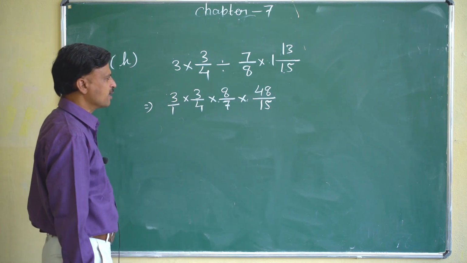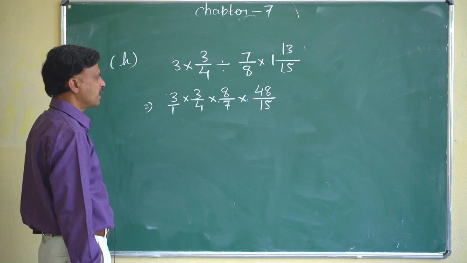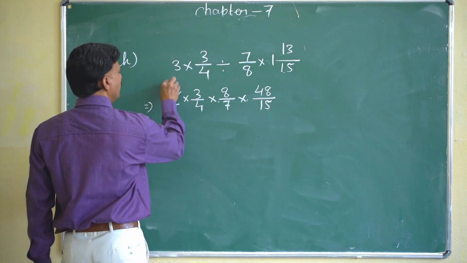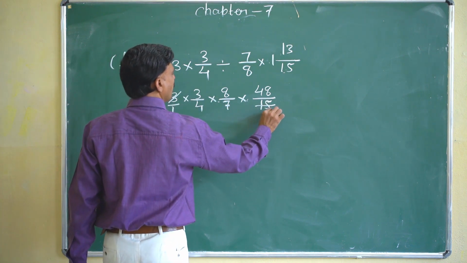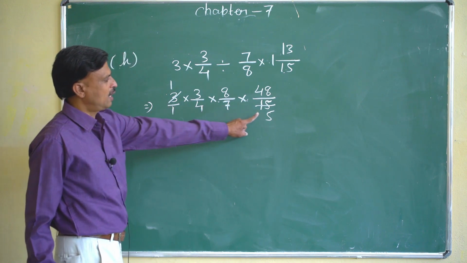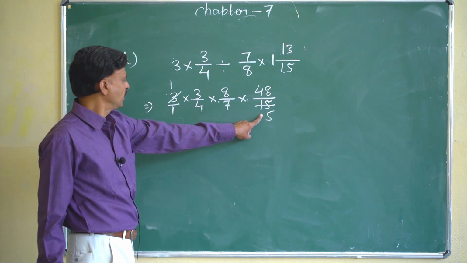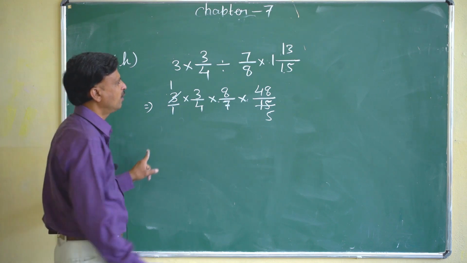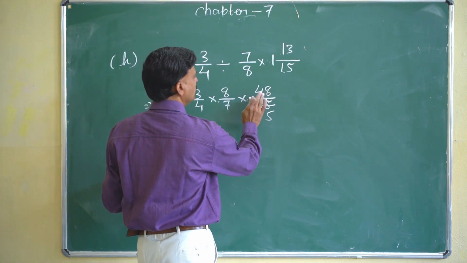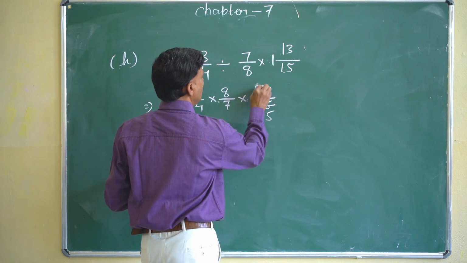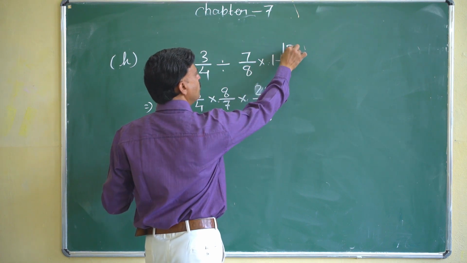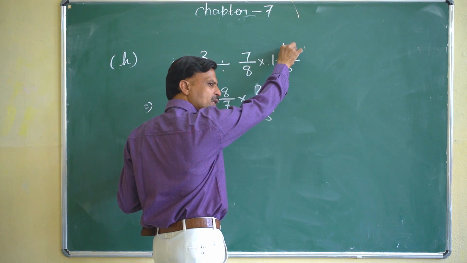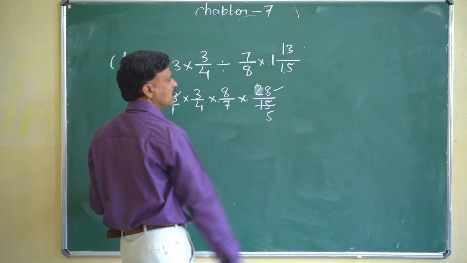Now we'll see if there is any cancellation. If any value cancels, you'll see that 3 will cancel with this 15: 3 once is 3, and 3 fives are 15. This 4 also will cancel. Then 15 plus 13, how much will it come? 28.